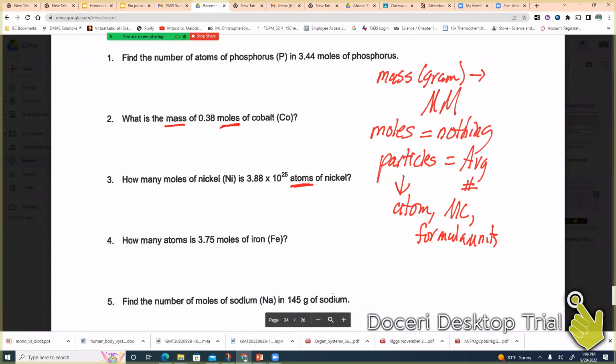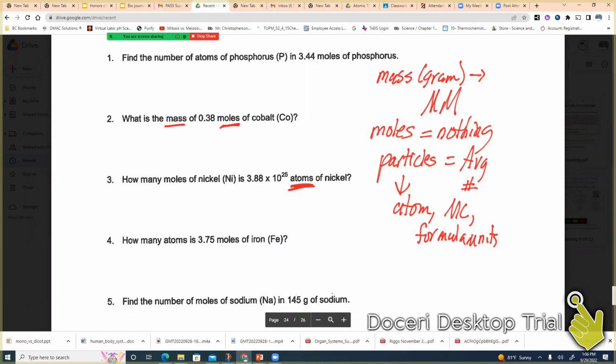Things that you're looking for as you read them. So if I look at number 3, it says how many moles of nickel is 3.88 times 10 to the 25 atoms. Moles isn't really going to help me. The thing that helps me is atoms, and that tells me I'm going to use Avogadro's number. So I'm only going to have one conversion factor.